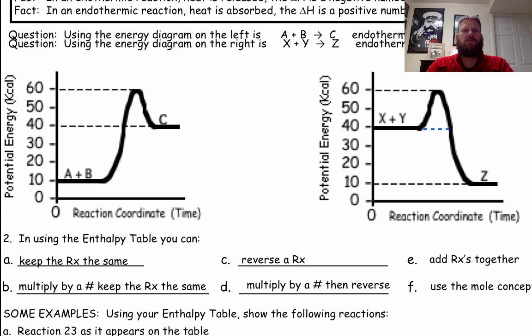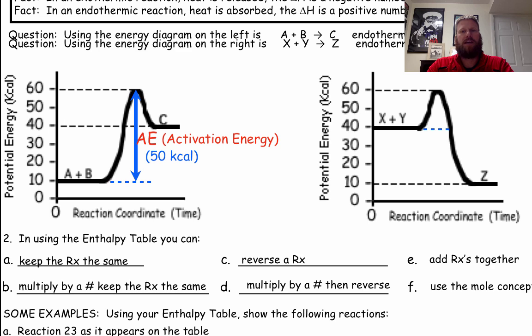The energy required to start a chemical process is called the activation energy. The activation energy can be determined by finding the difference between the energy of the reactants and the energy at the peak of the hump. The activation energy for the diagram on the left is 50 kcals.